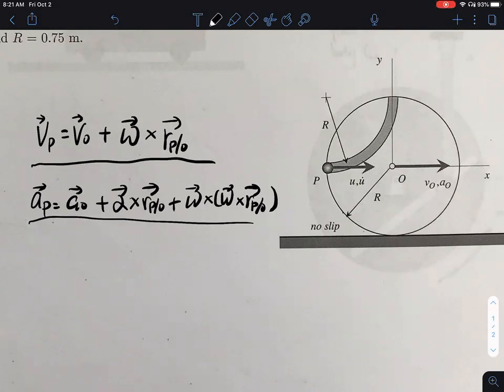If point P is fixed on that disk, it won't move inside of this disk. Then this is a chapter 2 problem. We can use these two equations, no problem. But now particle P can move inside of this track, inside of this disk. So it's not a chapter 2 problem anymore.